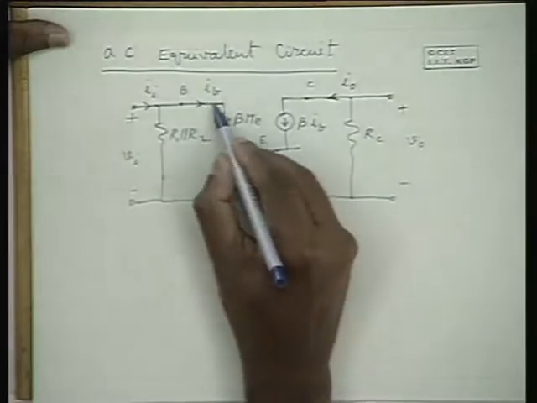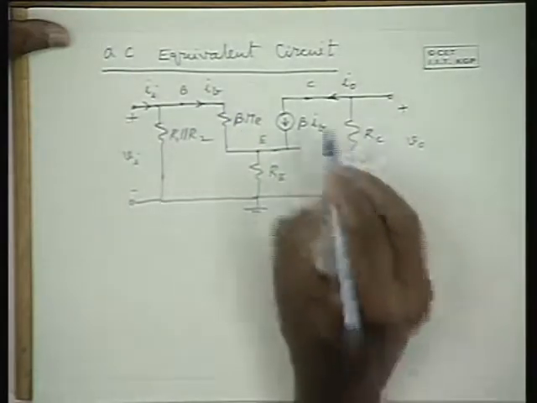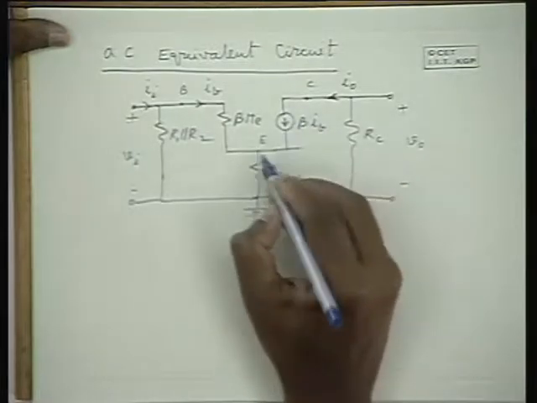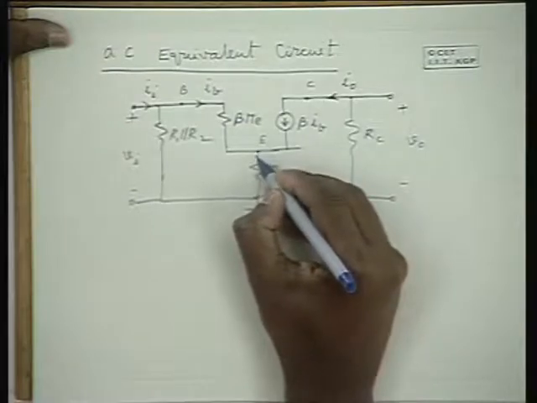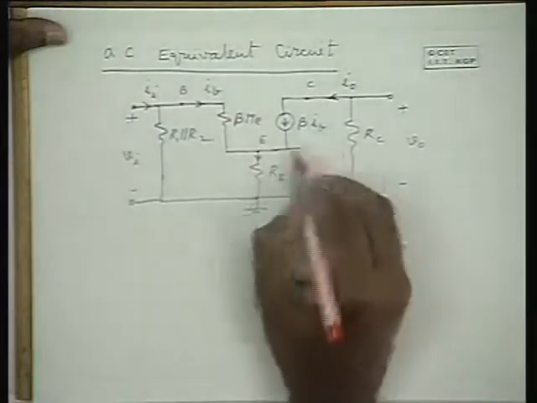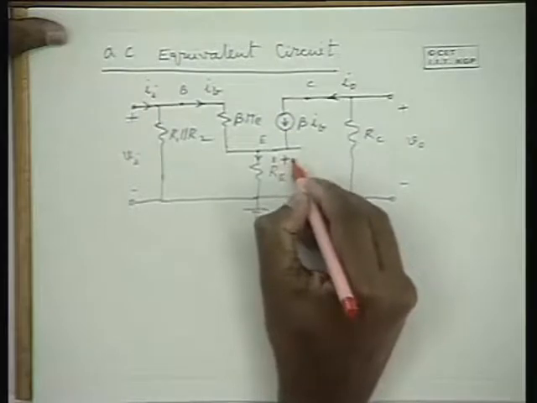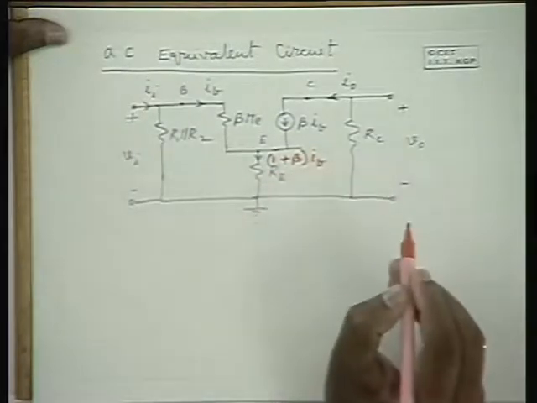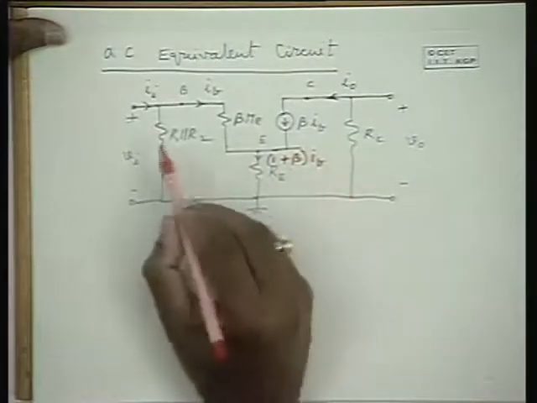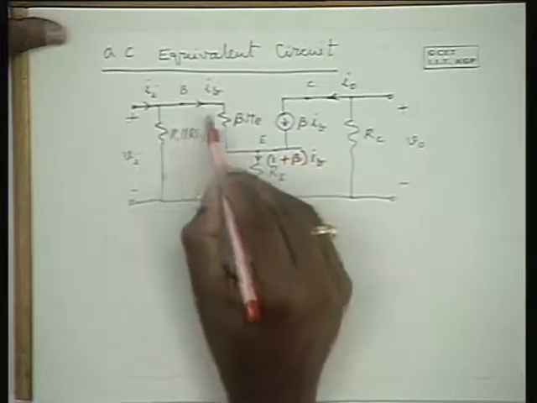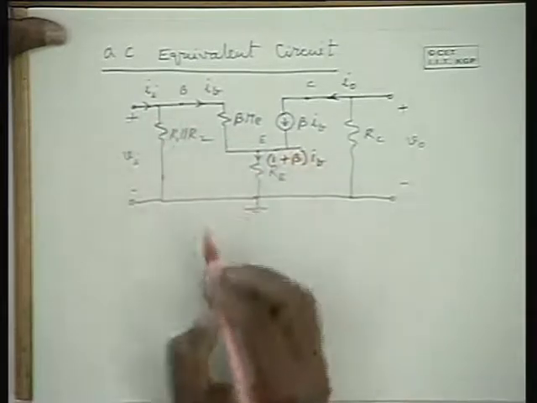Now, IB flows through this resistance, beta IB flows through this source, and therefore the current flowing through RE is IB plus beta IB, that is 1 plus beta into IB. Now let us write down the Kirchhoff's voltage law equation in this loop.